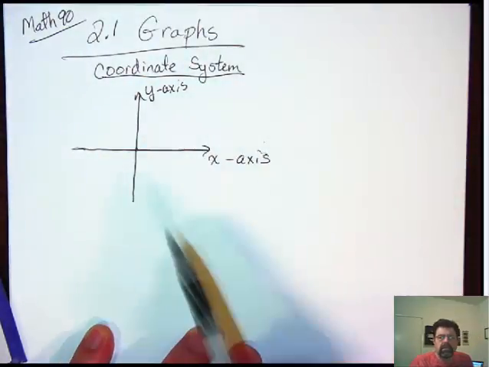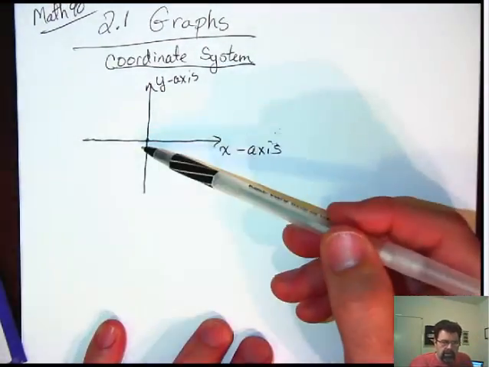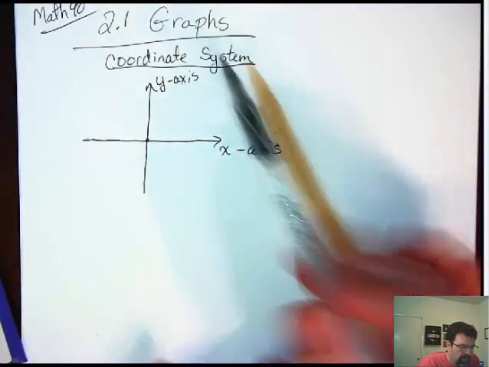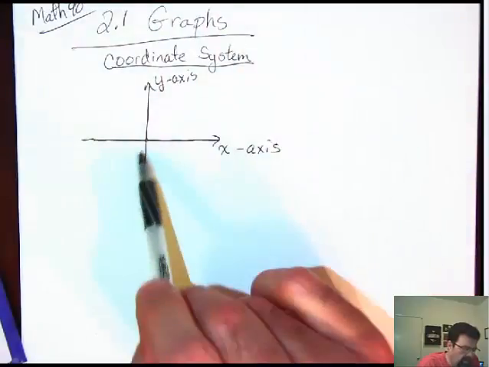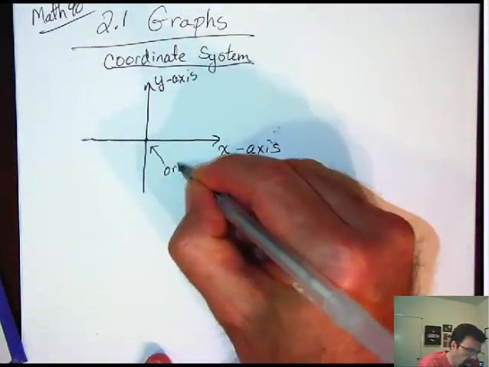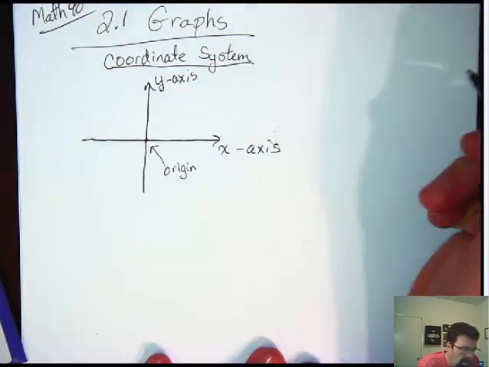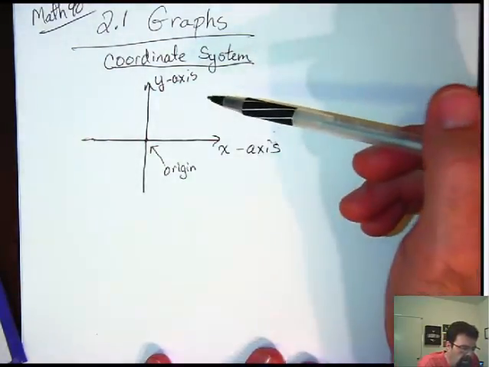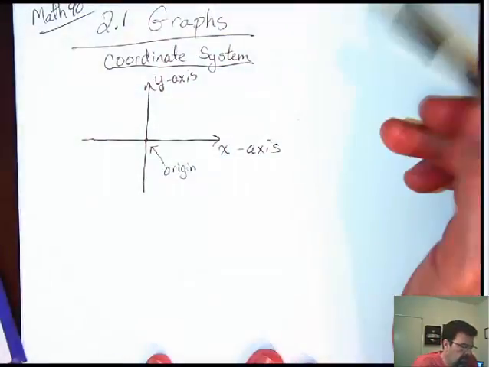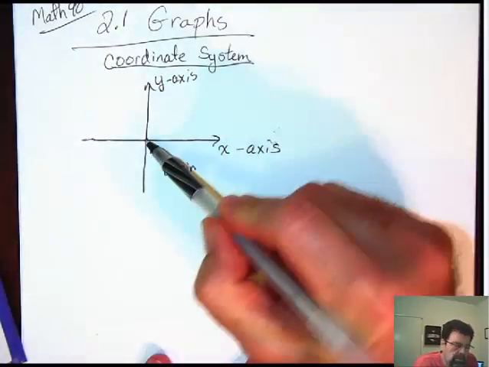So basically, once I set this vertical axis and horizontal axis down, it's just a frame of reference. Based on this point right here, that's where everything starts counting from, so we call it the origin. And now I can describe the relative position of any point on this surface relative to that origin.